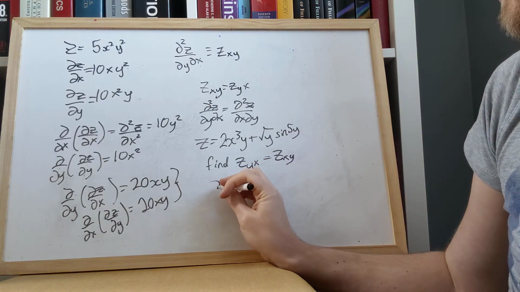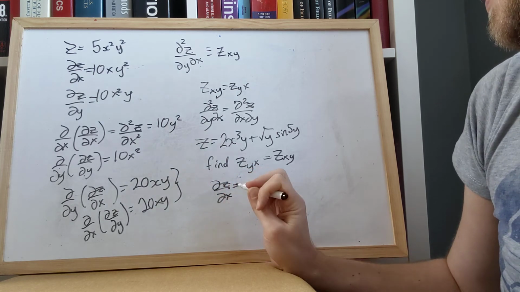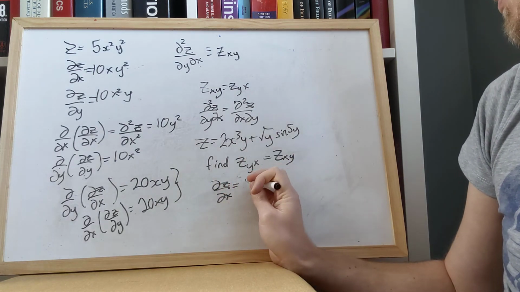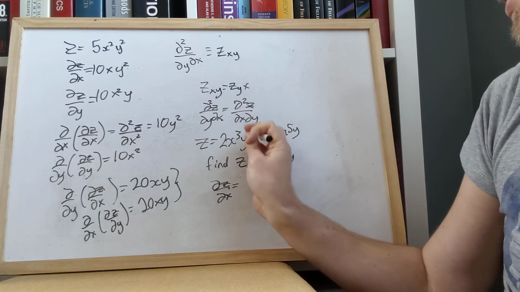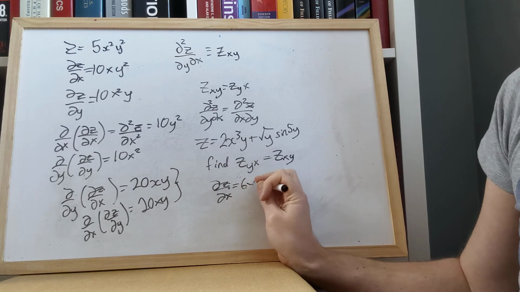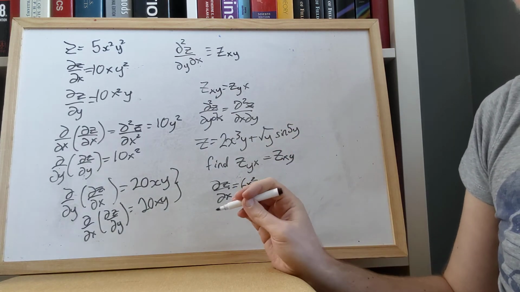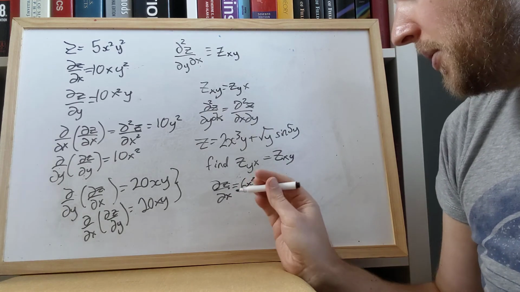So we find that dz by dx is equal to, differentiate this part with respect to x, so the 3 comes down, so we've got 6x squared times y, and this bit, as I said, just differentiates to 0.